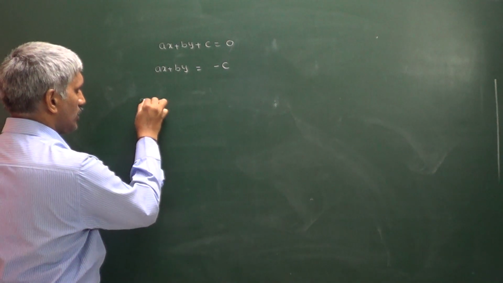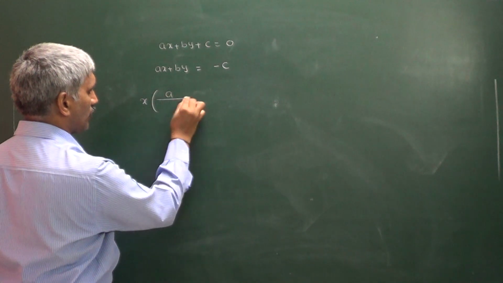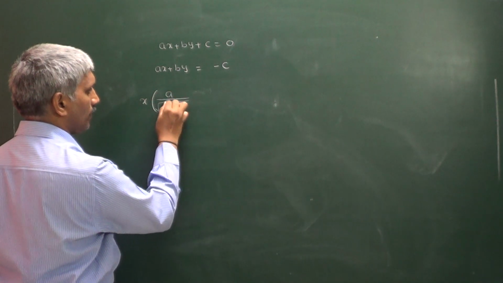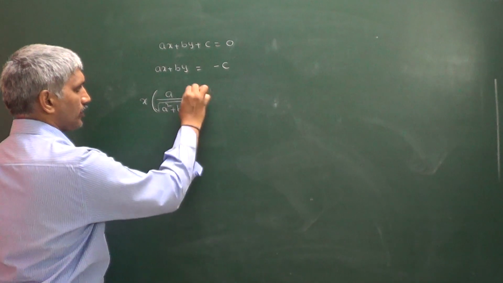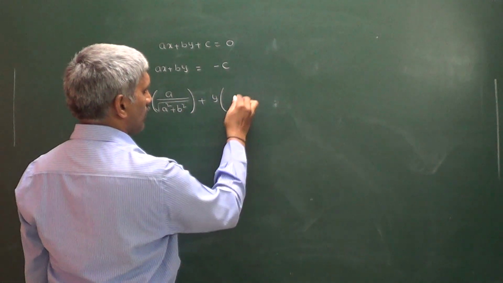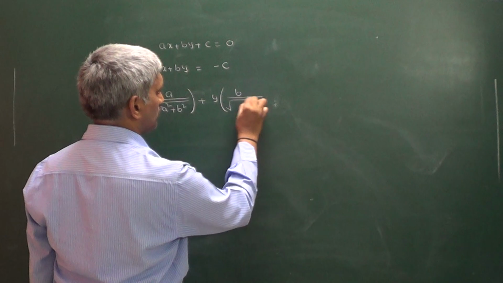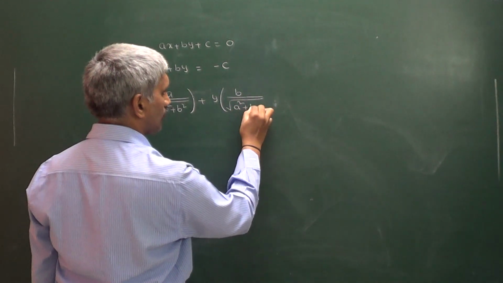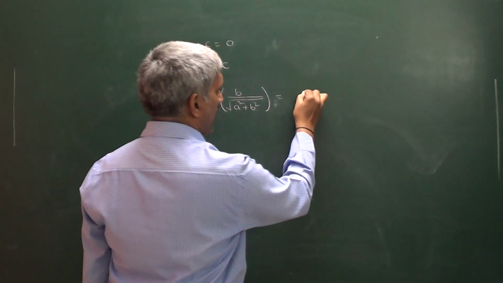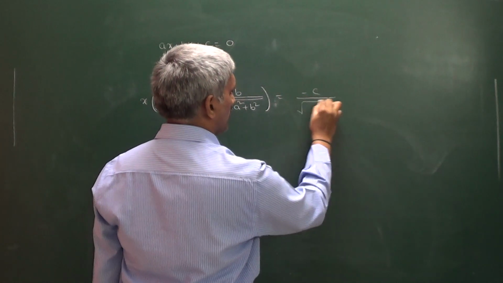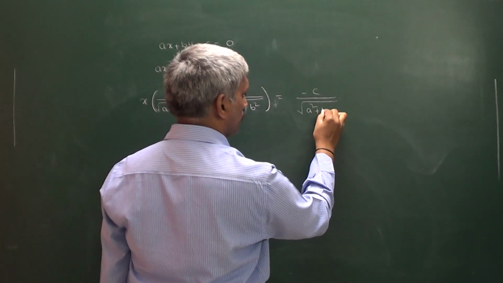Then what happens? x into a by root of a square plus b square plus y into b by root of a square plus b square is equal to minus c by root over a square plus b square.